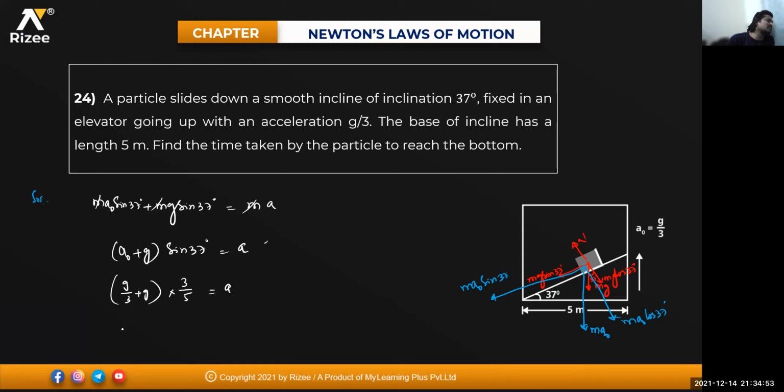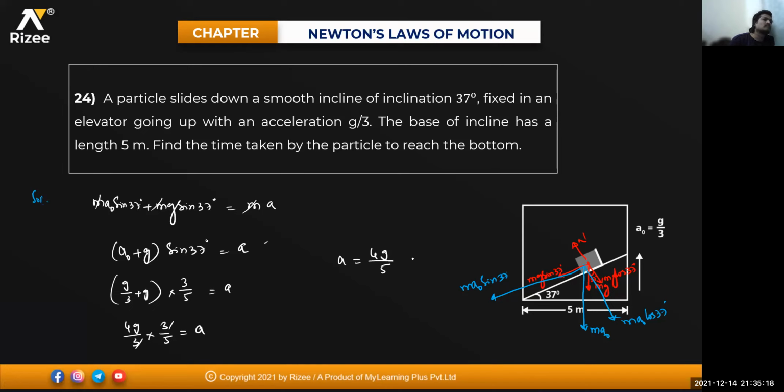So 1 by 3 plus 1, that is 4g by 3, into 3 by 5 equals a. This 3 and this 3 get cancelled, so acceleration is 4g by 5.